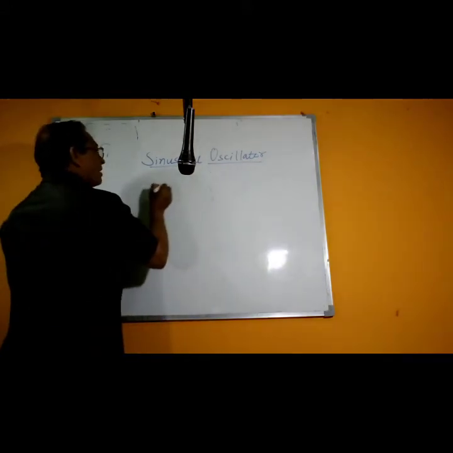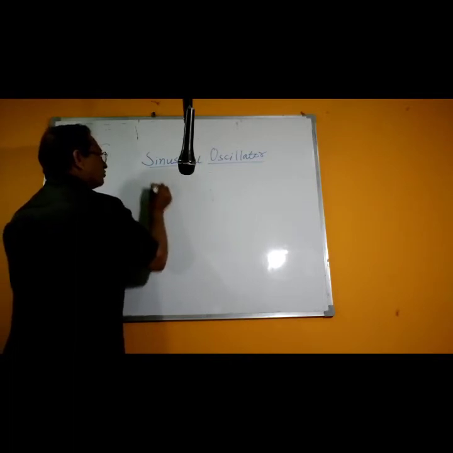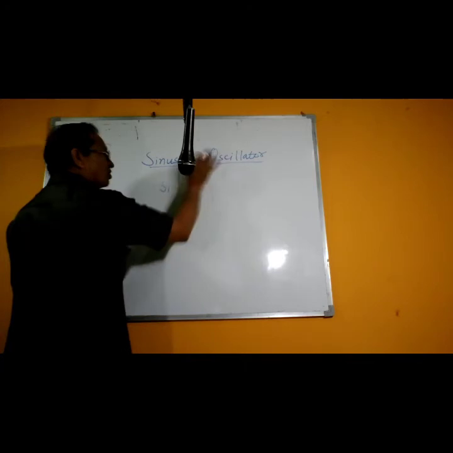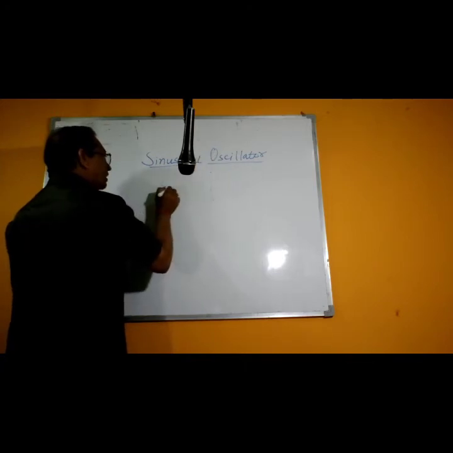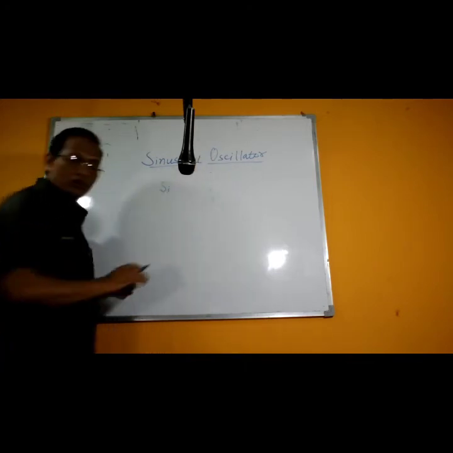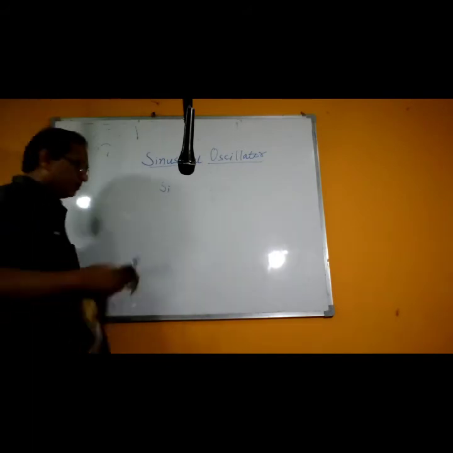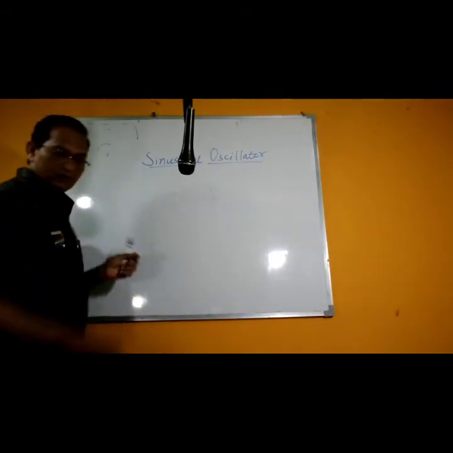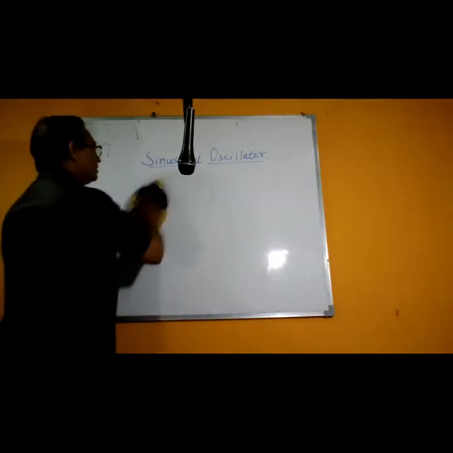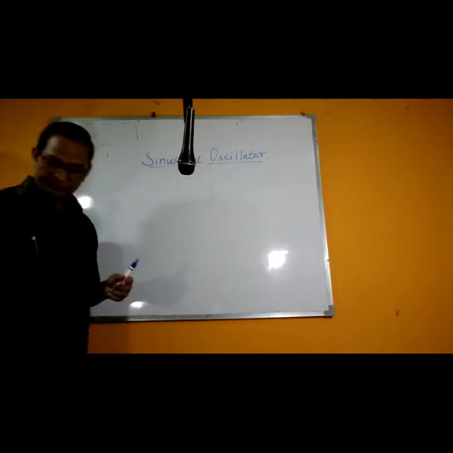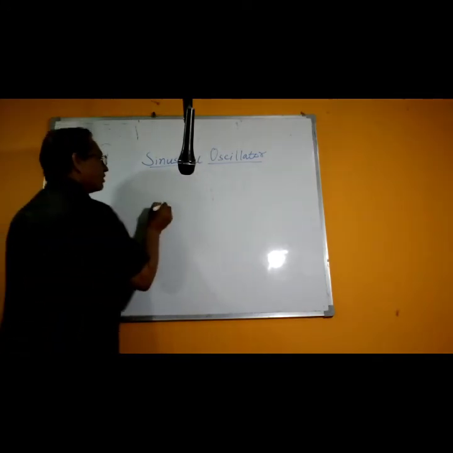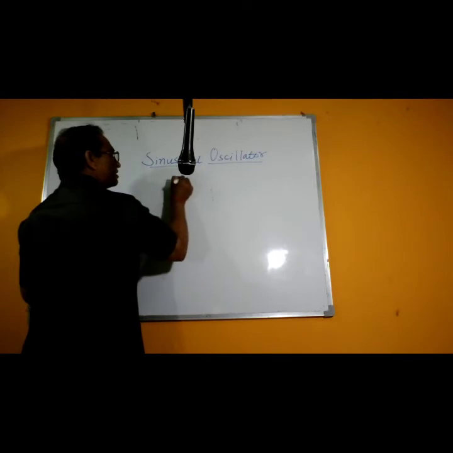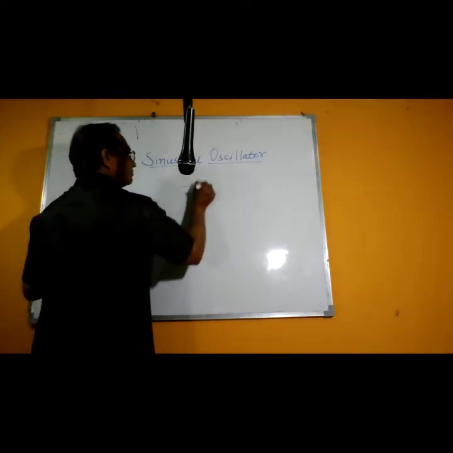It gives oscillations of the type of sine waves, therefore we call them sinusoidal oscillators. Then we are going to discuss the types of oscillations: damped oscillations and undamped oscillations.